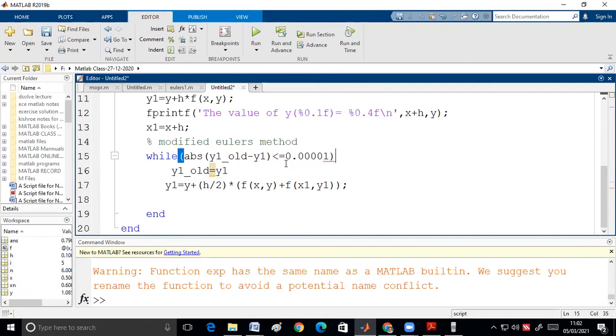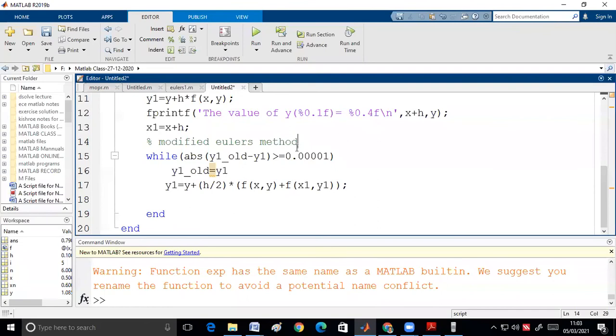Then stop the procedure. If it is true, then only it runs the program. If it is greater, then the loop will run recursively.